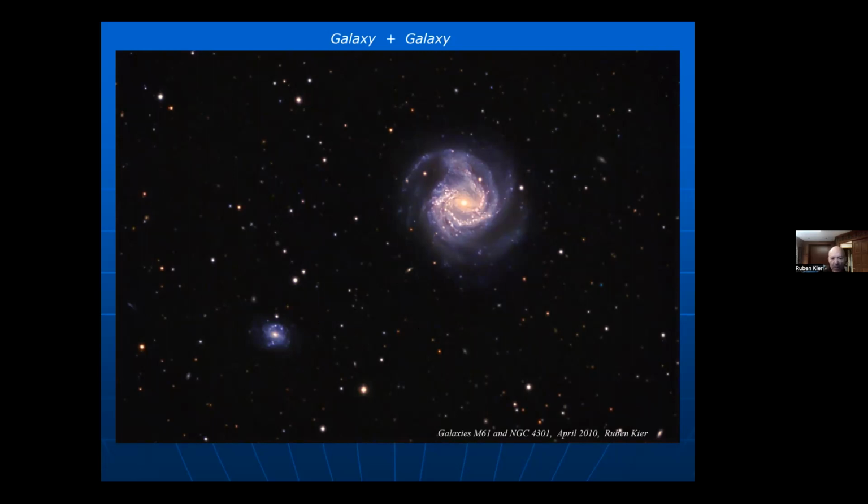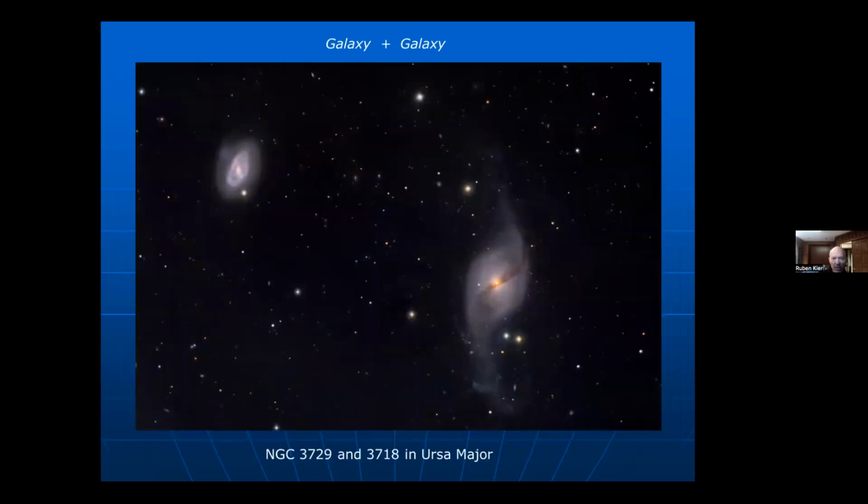Think of it like a seesaw, and you want the center of gravity between the two objects to be balanced, so put the smaller object further away from the center. And there's a lot of other background galaxies here, but these are the two dominant ones.